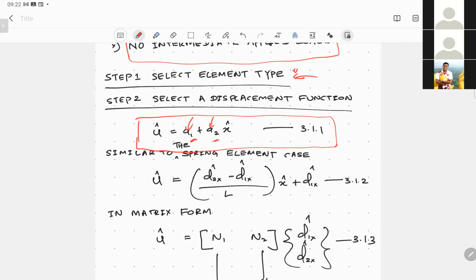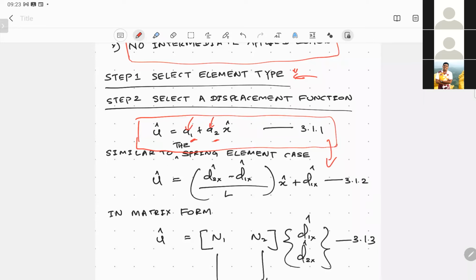The number of unknowns in the displacement function is equal to the number of degrees of freedom in the element. So in this case, we have 2 degrees of freedom, one at node 1 and one at node 2. So there are two unknowns. Similar to the spring element, I will not derive this again. I will be using the equation which we derived in the previous lesson.